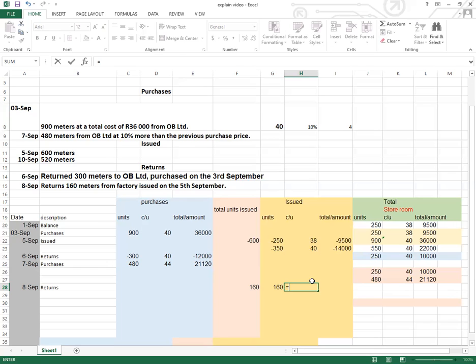Ne? And then this 160, it falls under this one. It relates with 40 rand per unit. Ne?